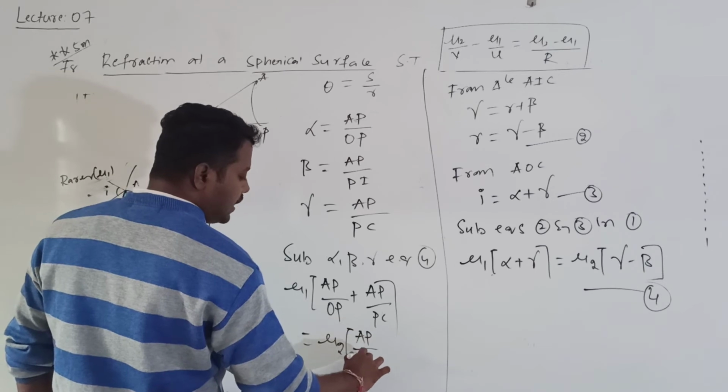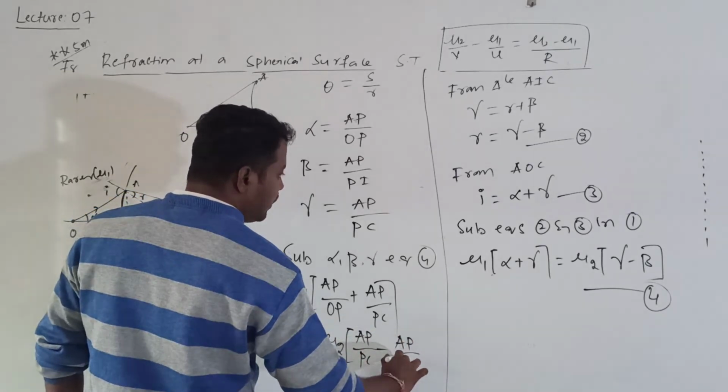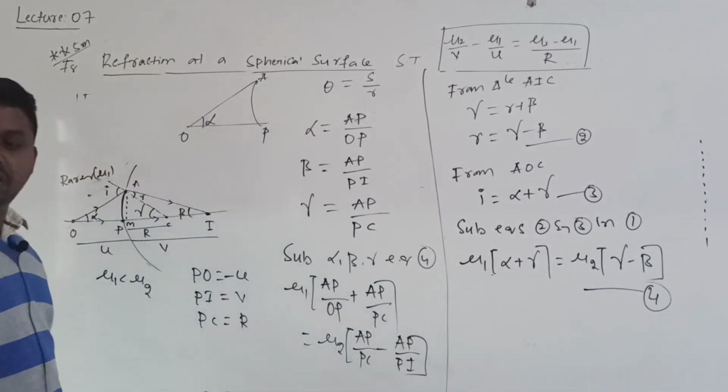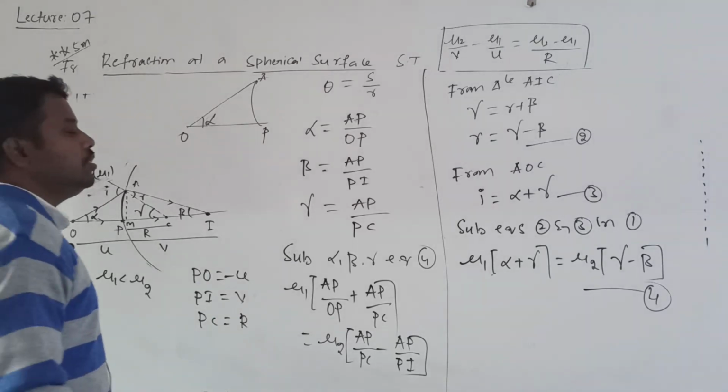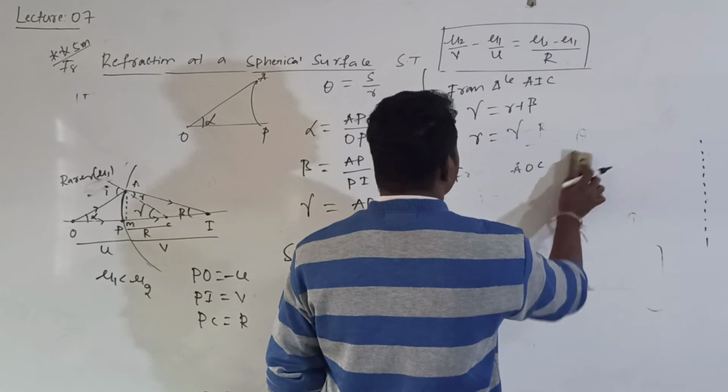AP divided by PC minus AP divided by PI. Correct? Beta value is PI. I substituted the values of alpha, beta and gamma.